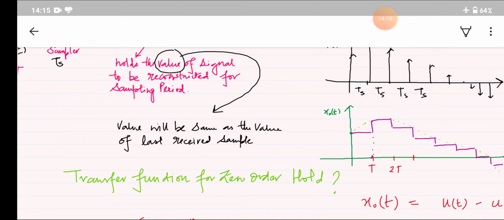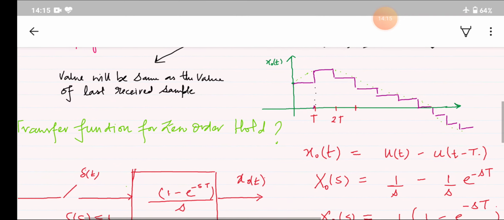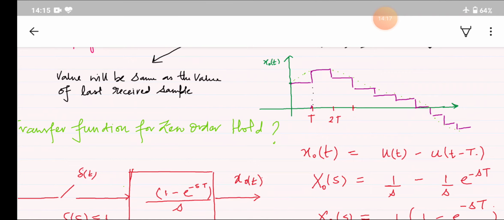So zero order hold holds the value of the previous sample. So the reconstructed signal will look like this, and the dotted line in green gives you the reconstructed signal.